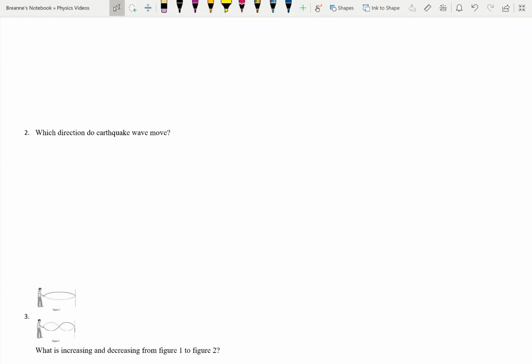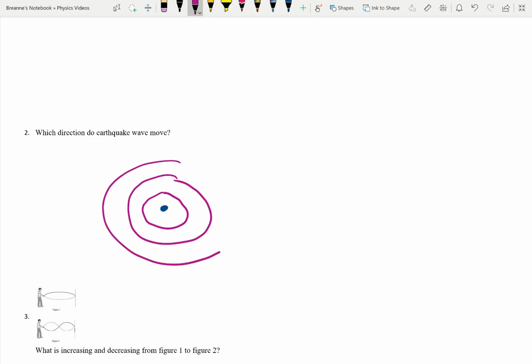Question 2, which direction do earthquake waves move in? If your earthquake starts right there, which direction does it go in? Well, it goes in all directions. It radiates outward.